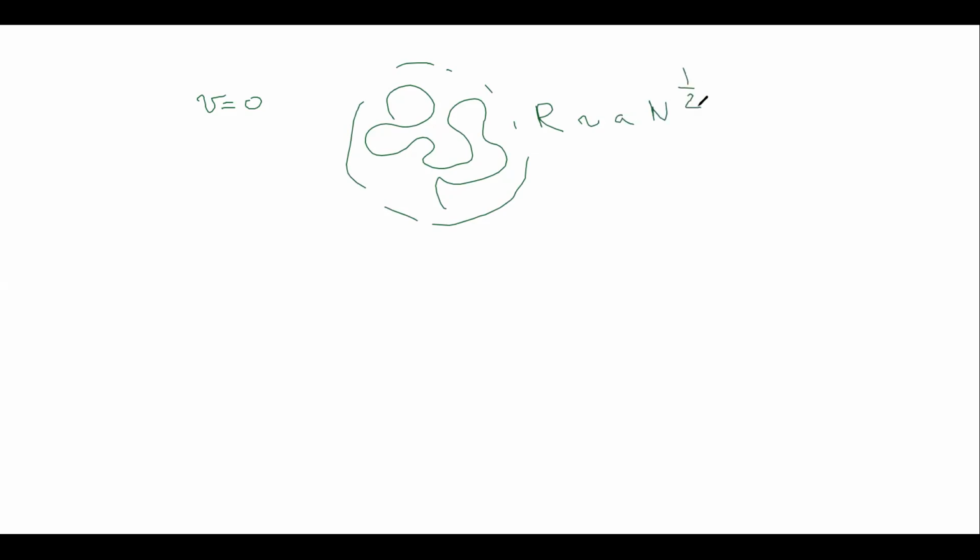This is even tutorial number 1. In the last tutorial, we said that now we are bringing in interaction between the objects, given by V, which is positive. In that case, remember, we ended up with a swollen exponent.